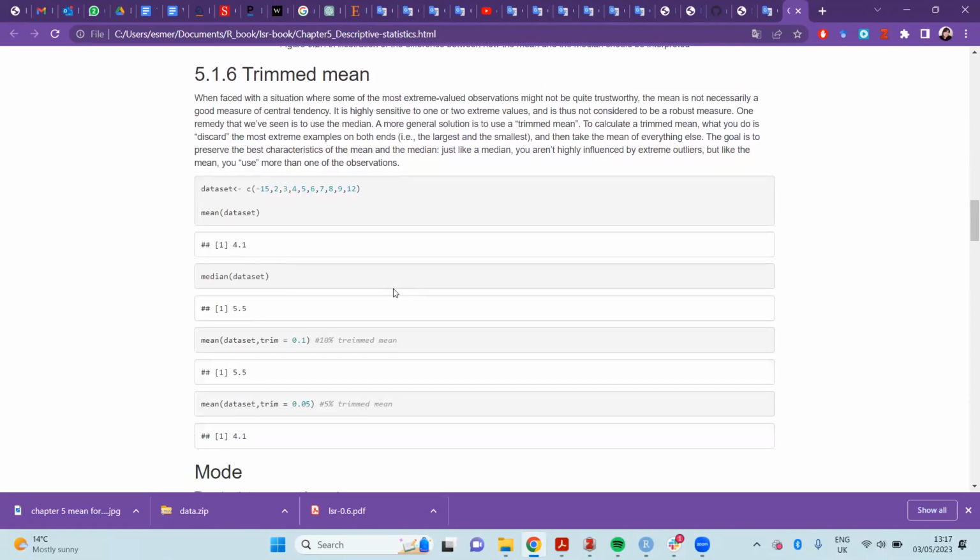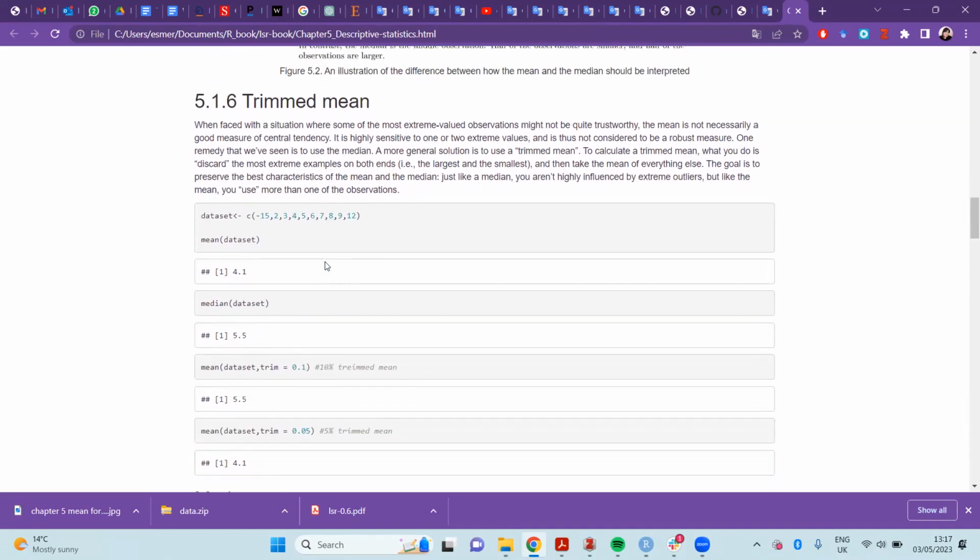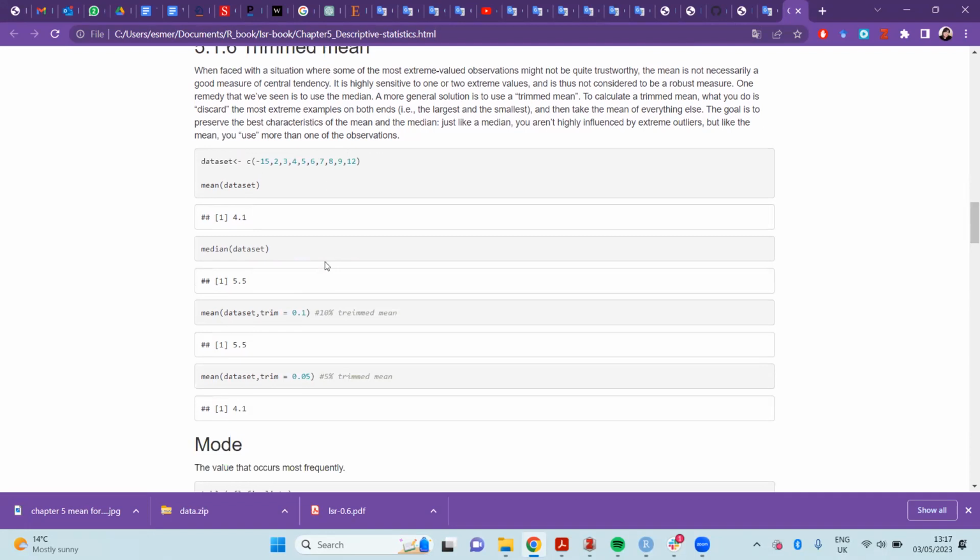I didn't know this, but the mean function has an argument called trim, where you can cut or remove, for example, 10% of your data, the most extreme values, or 5% of your data, the most extreme values.